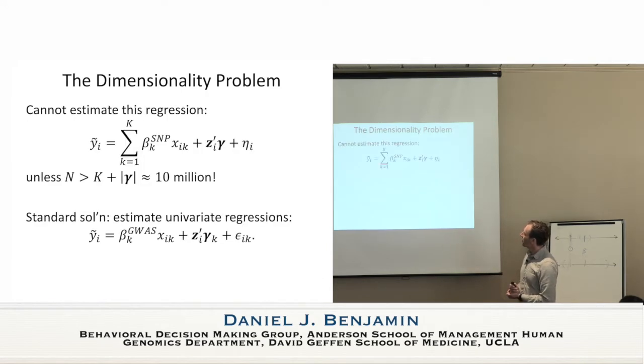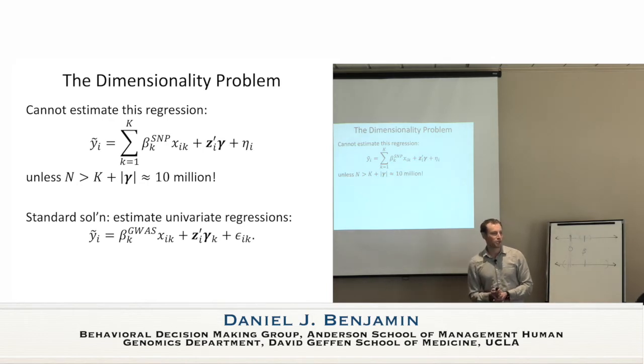You try to run this regression. It can't actually be run. You try to do it on Stata, and Stata is going to give you an error message unless you have more people than you have parameters, which is the number of SNPs plus the number of control variables. Which still, as far as I'm aware, there's never been a GWAS run with 10 million people.